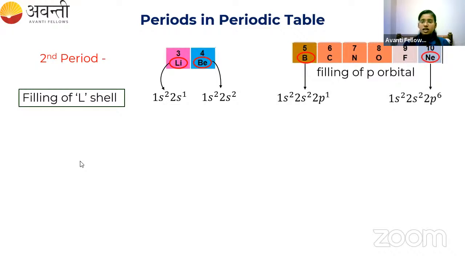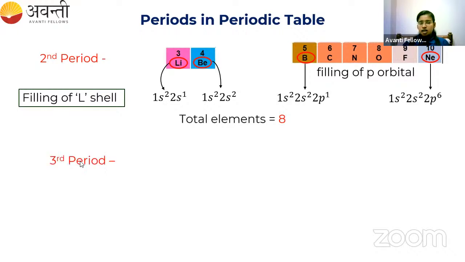Totally, how many elements are there in this second period? Can you give me the count? The first period has 2 elements. What about the second period? Yeah, 8, right? So there are 8 elements in the second period.